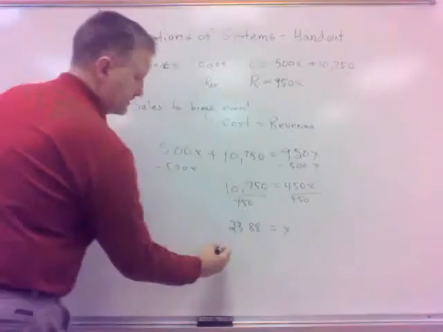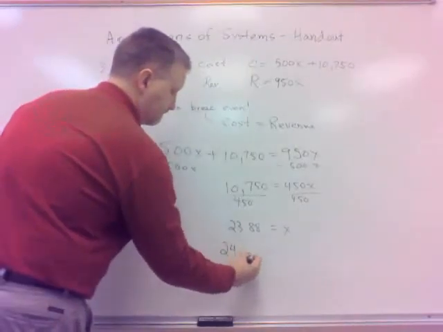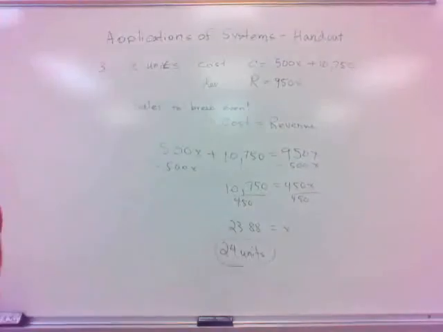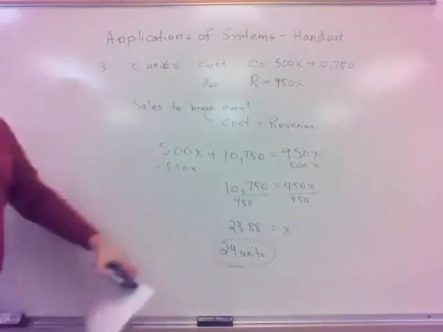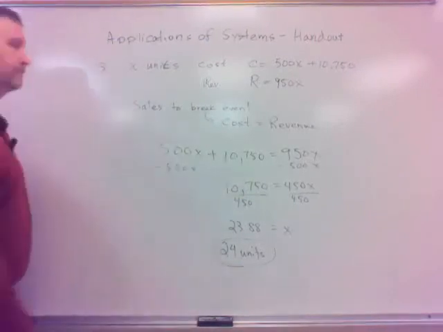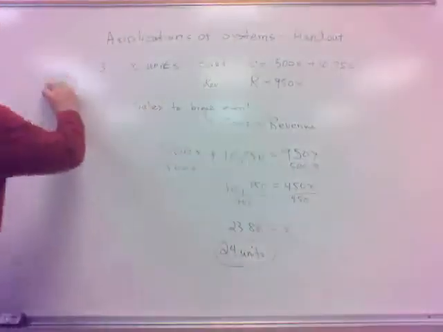It needs to be 24, doesn't it? Sometimes it has it in hundreds and things, but this is just straight up. So I would need 24 units there. Okay? All right.